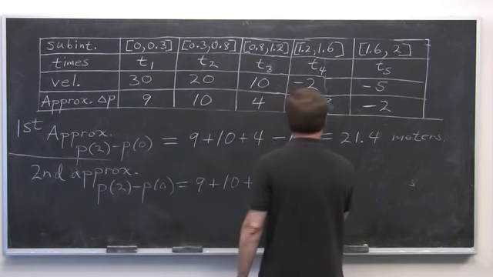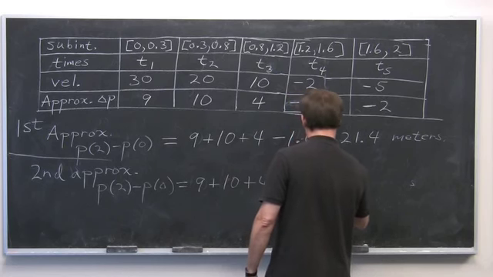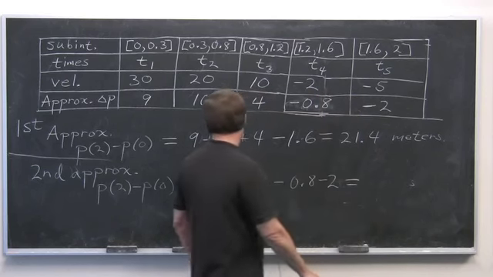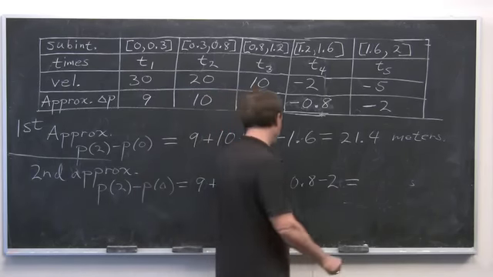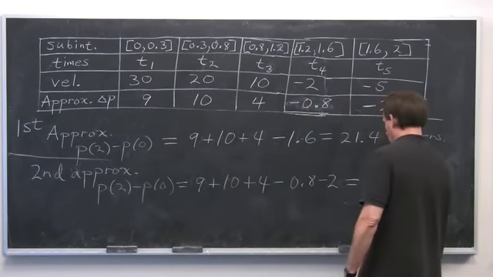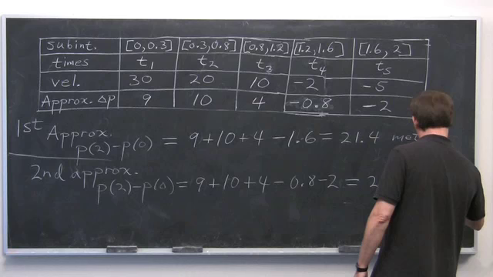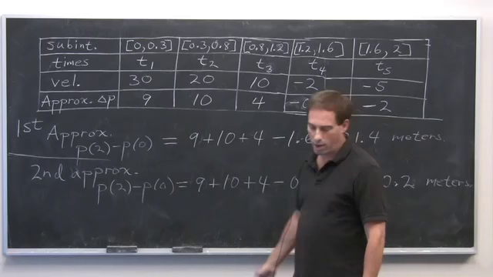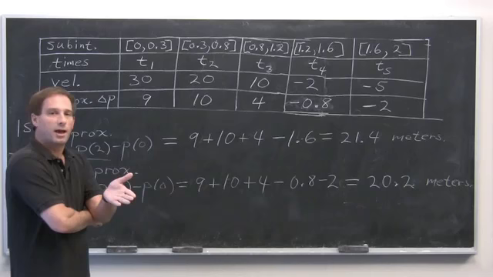But now you subtract this 0.8, and you subtract 2. So we went from 23 minus 2, so that's 21, and then 20.2 meters. That's what we get now.